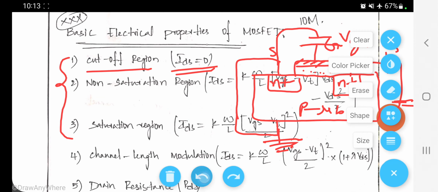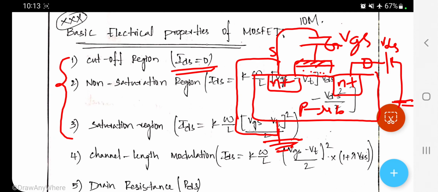First we'll see the cutoff region, where IDS is equal to 0. What is the cutoff? Whenever the gate to source voltage is less than the threshold voltage. What is the threshold voltage here? VTH is the minimum gate to source voltage required to turn on the transistor.